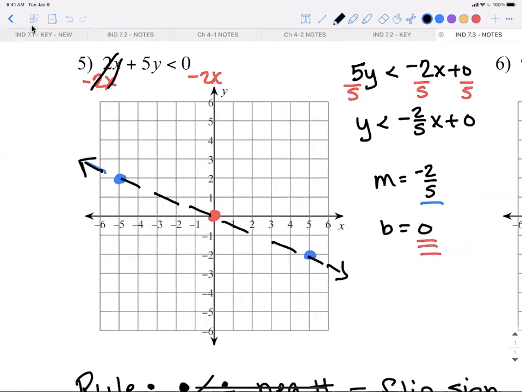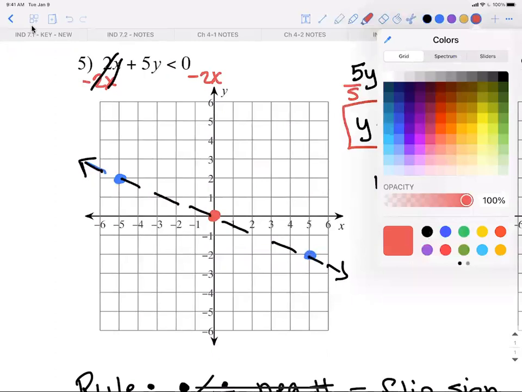Now, remember when I said when you're shading, go back to your original? That's not quite true. Always go back to slope intercept form, because standard form does not help you a bit knowing which side to shade. So go back to where you got it in y equals mx plus b.